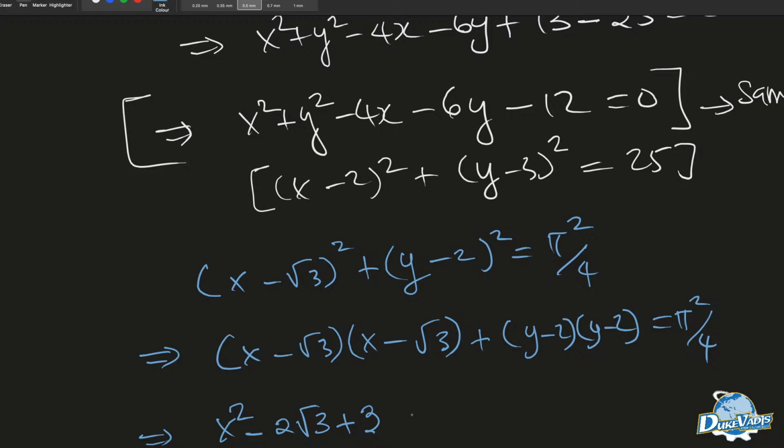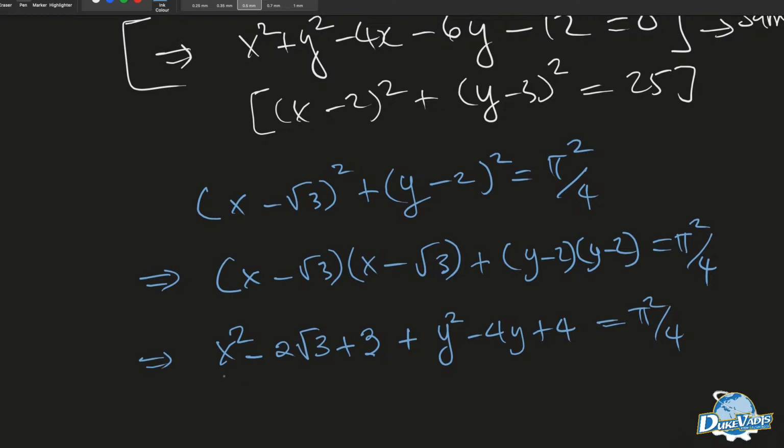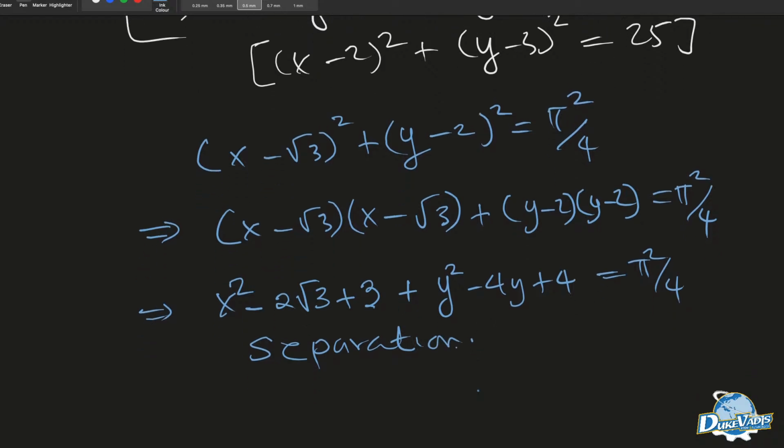Now let's handle the second one, that is y squared minus 4y plus 4, and pi squared over 4. Now we can do our separation. Don't get confused. We separate all the x's on one side, all the y's on one side, and the normal values as well.